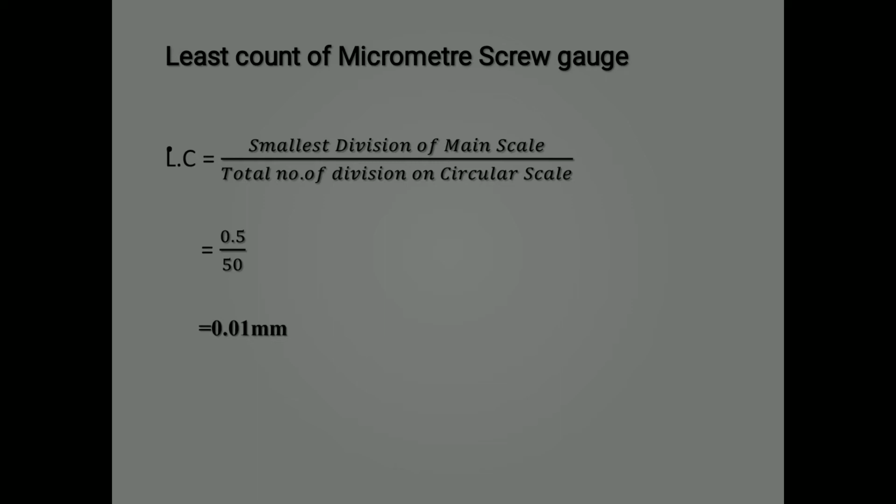Least count, LC, is equal to the smallest division of the main scale upon the total number of divisions on the circular scale. So in the second step you can see the smallest division on the main scale is 0.5.